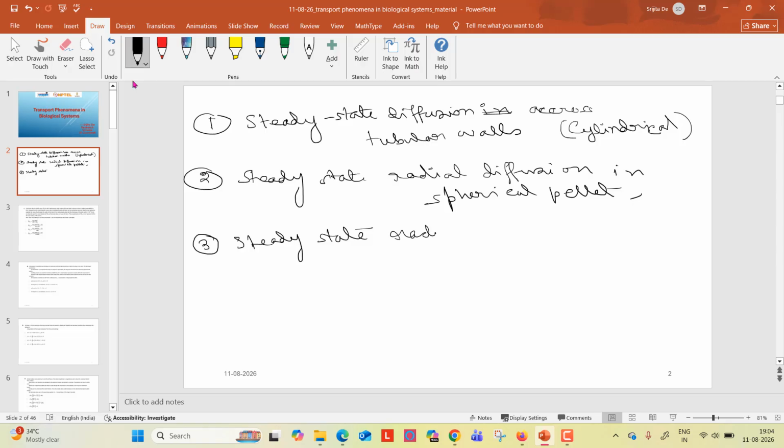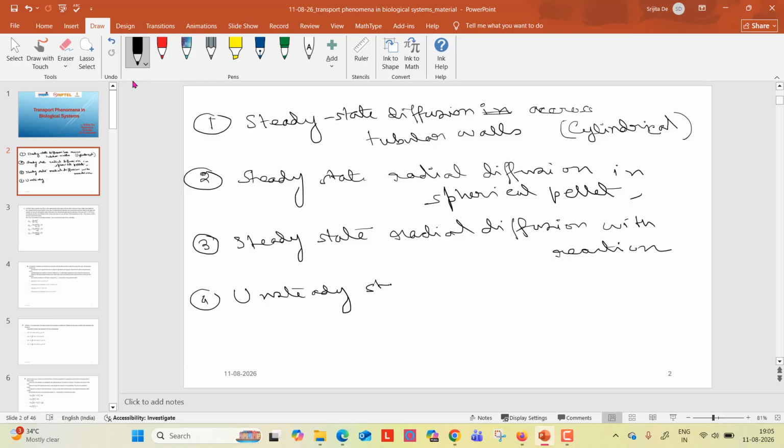The fourth one is unsteady state diffusion, and the fifth one is pseudo steady state approximation.